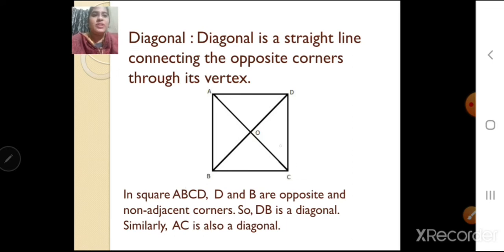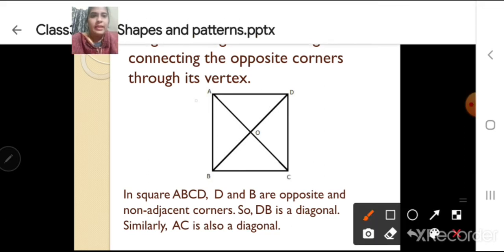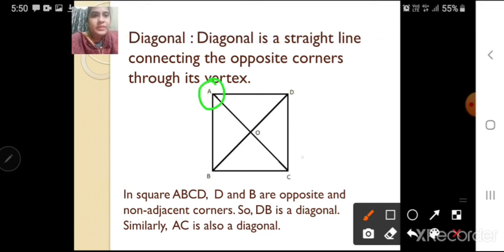It is a straight line connecting the opposite corners. This is one corner A, this is one more corner C. They are opposite to each other, and when a line is connecting the opposite corners, it is known as a diagonal. So here we have two diagonals, which are AC and BD. BD is also connecting opposite corners, so we can say that BD is a diagonal. Got it, children?